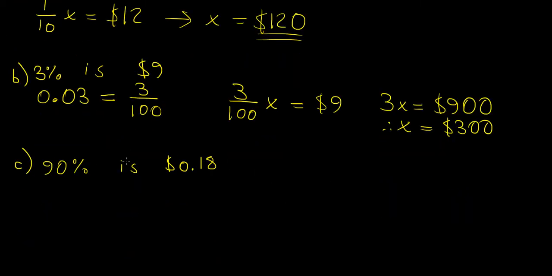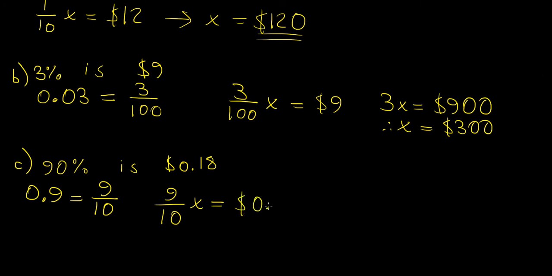For this one, we're going to do the same. So 0.9 is the same as 9 on 10. And now we say 9 on 10 of X is going to be equal to $0.18. Multiply both sides by 10. So that's going to become 9X equals 1.8.